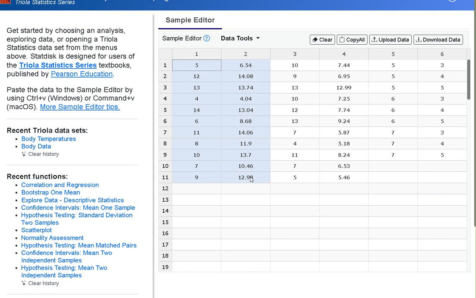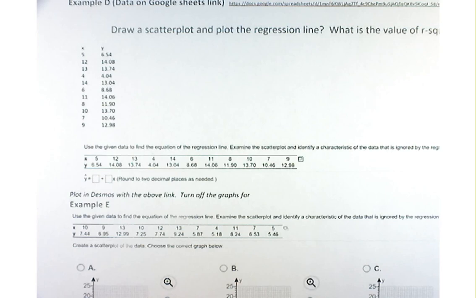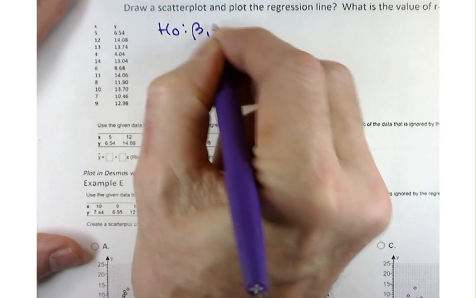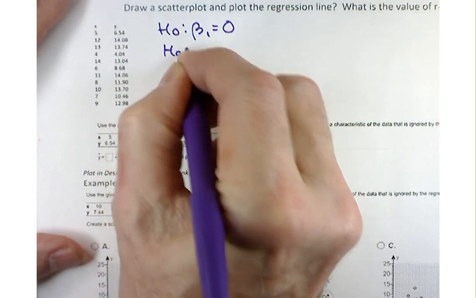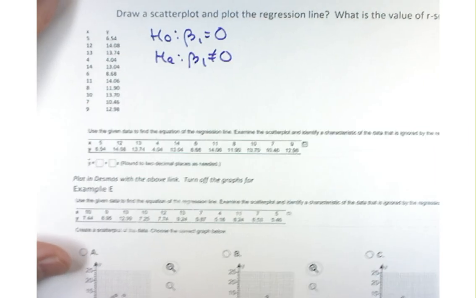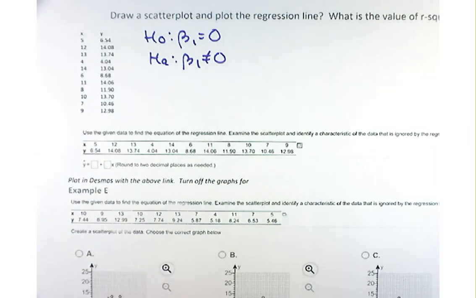So this is draw a scatter plot and a regression line. What's the value of R squared? Well, we're going to talk a little bit about the value of R squared in just a moment. But for right now, we're going to test H naught such that beta 1 equals 0 versus beta 1 is not equal to 0, and try and decide, does our regression line have a slope that's significantly different than 0?